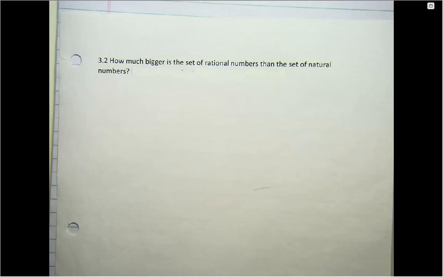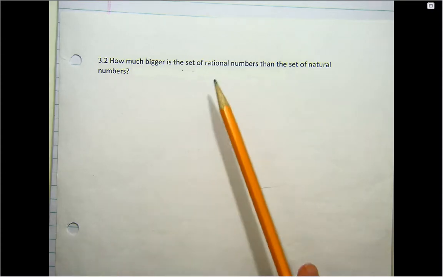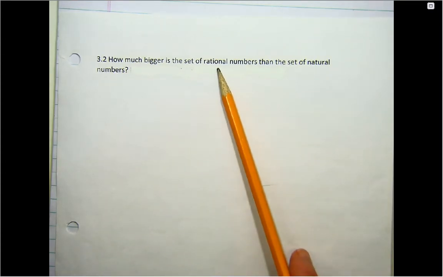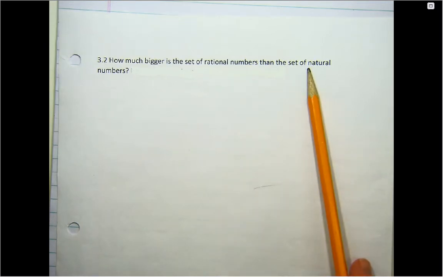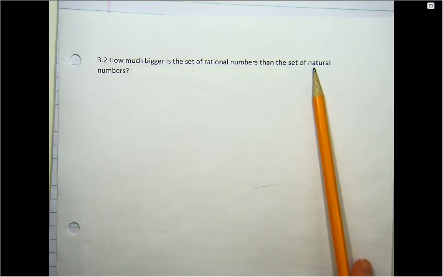So remember, the rational numbers are fractions, or any number that can be written as a fraction, actually. And there was always another rational number between any two rational numbers. So anytime we had a rational number and another rational number, there was always one more in between those two. That's not true with the natural numbers. Remember, those are the positive integers.